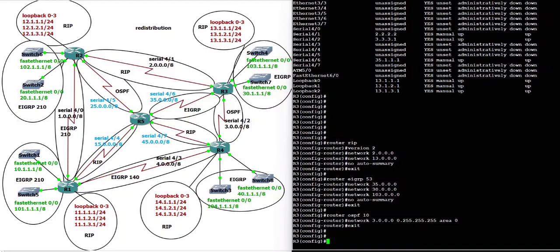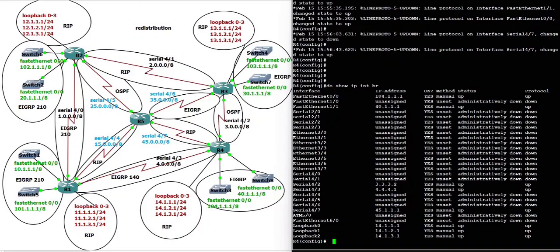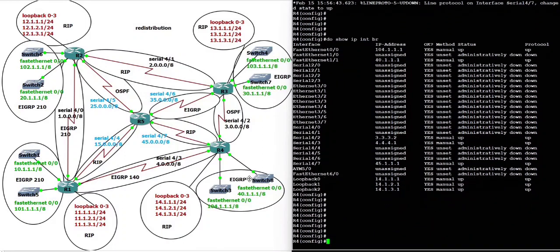EIGRP 53, the 35 network, this serial interface connected with router 5, and a 30 dot network and 103 is our switches, fastnet interface. And router OSPF we have 3 dot network which is connected to router 4. Now on router 4, here we have 3 routing protocols: OSPF, EIGRP, RIP.